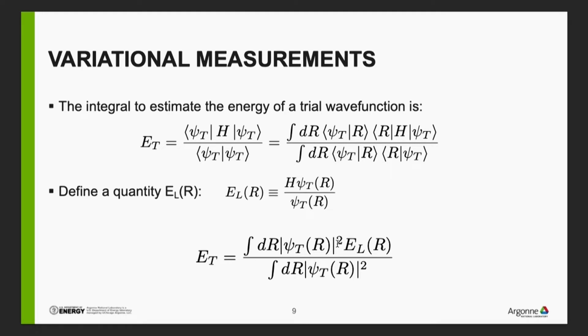In quantum mechanics, this term here, psi t of R absolute value squared, is a probability distribution. So we've taken this multi-dimensional integral and backed up a step and said, if we only knew how to sample from this probability distribution, it's no longer a multi-dimensional integral. It's just a summation over a couple thousand, 10,000, 100,000 points. If you have a GPU, that's easy.